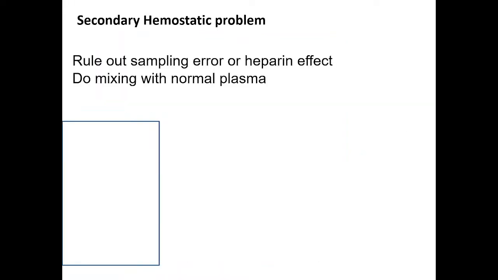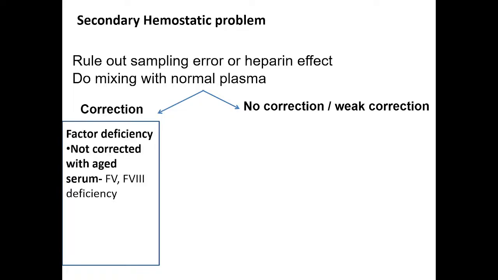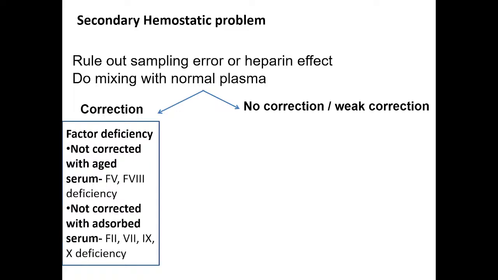Secondary hemostatic problem: rule out sampling error or heparin effect, do mixing with normal plasma, corrected or not corrected. If corrected, then there is a factor deficiency. If not corrected, then inhibitors or antibodies may be there. So, if factor deficiency, then we should do further correction with aged serum and adsorbed serum.